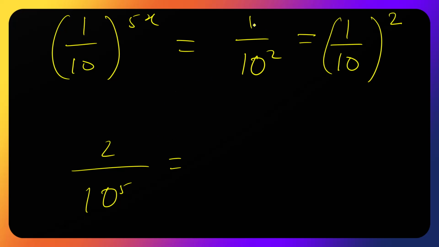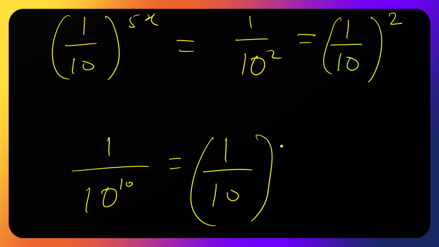We are lucky that this side is 1. So don't mess up; you have to be very careful with that. What I'm doing is applicable when this side is 1. If this side is 1 and we have, let's say, 10 here, you end up getting 1 over 10 all to the power of 10. So let's understand that.